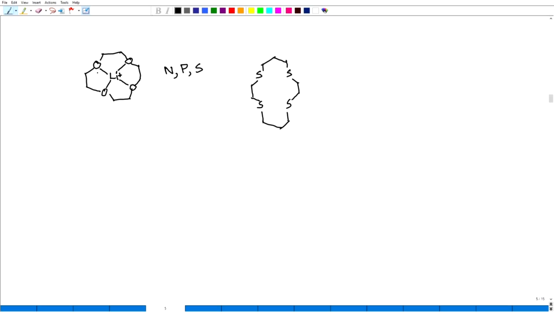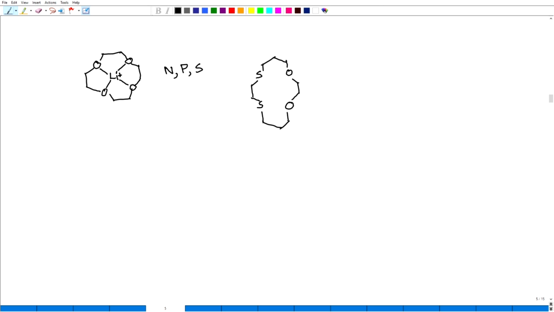For example, when we have oxygen, which is a hard donor, by the hard-soft acid-base principle, oxygen is a hard donor and sulfur is a soft donor. So, when we have a mixture of these, then interesting binding of ions can be expected.